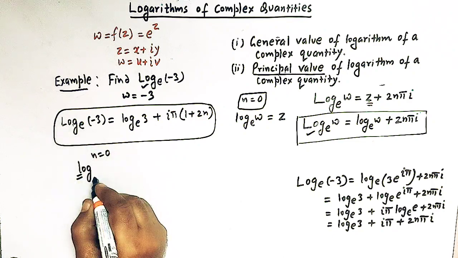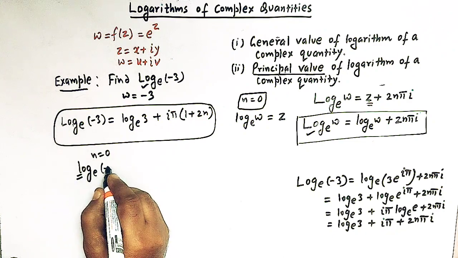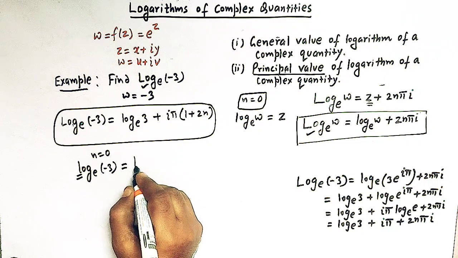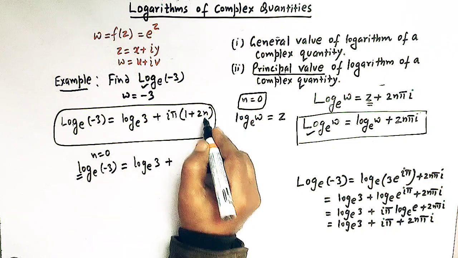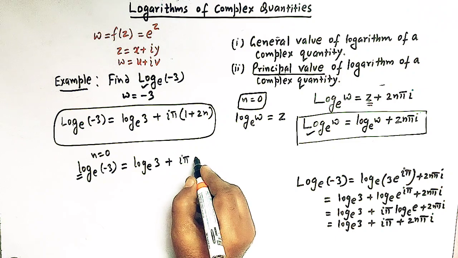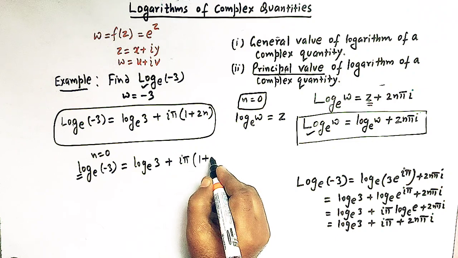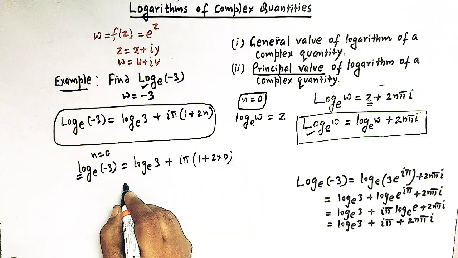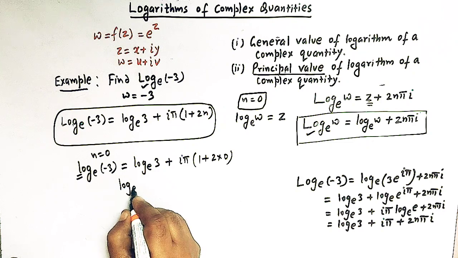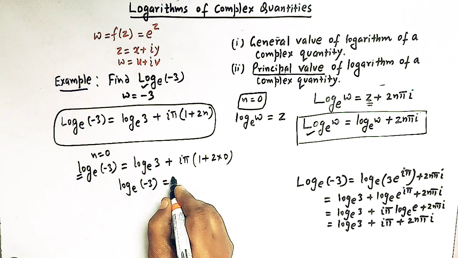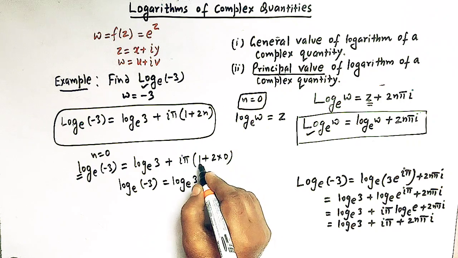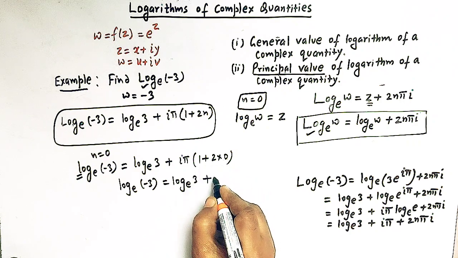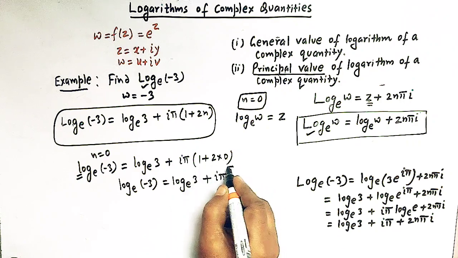So we have log of minus 3 is equal to log of 3, and taking n equal to 0, over here we have iπ times 1 plus 2 times 0. So we have log of minus 3 is equal to log of 3 plus, this is 0, 1 plus 0 is 1, and here we have simply iπ.